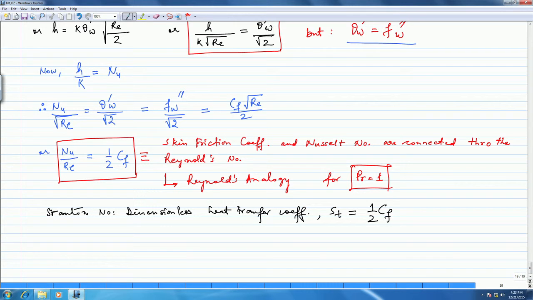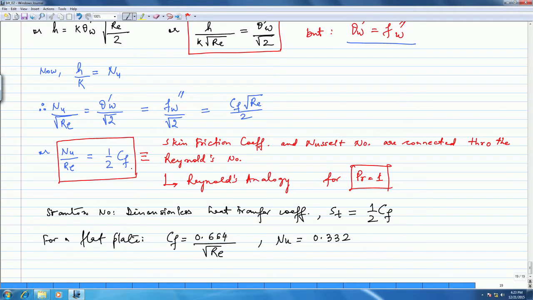Again, for a flat plate, of course, we know that Cf is equal to 0.664 by root Re. Therefore, now the Nusselt number is equal to 0.332.